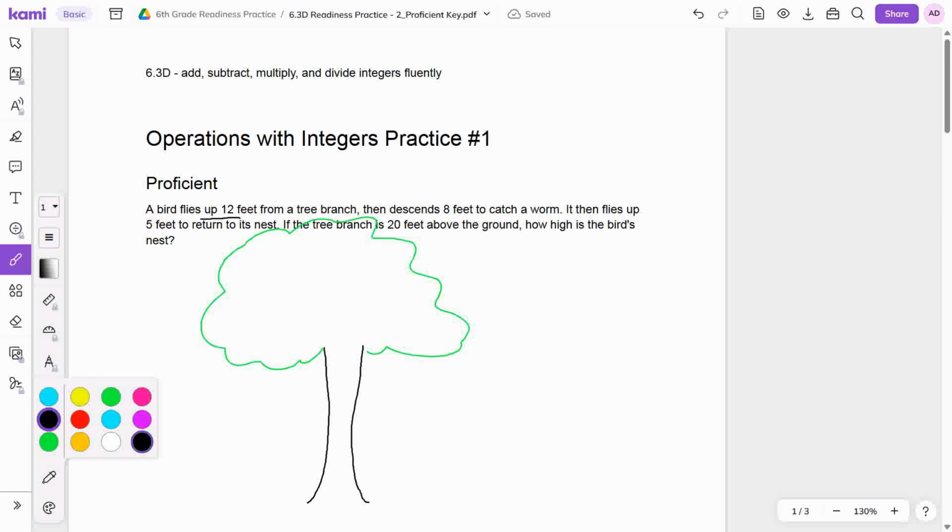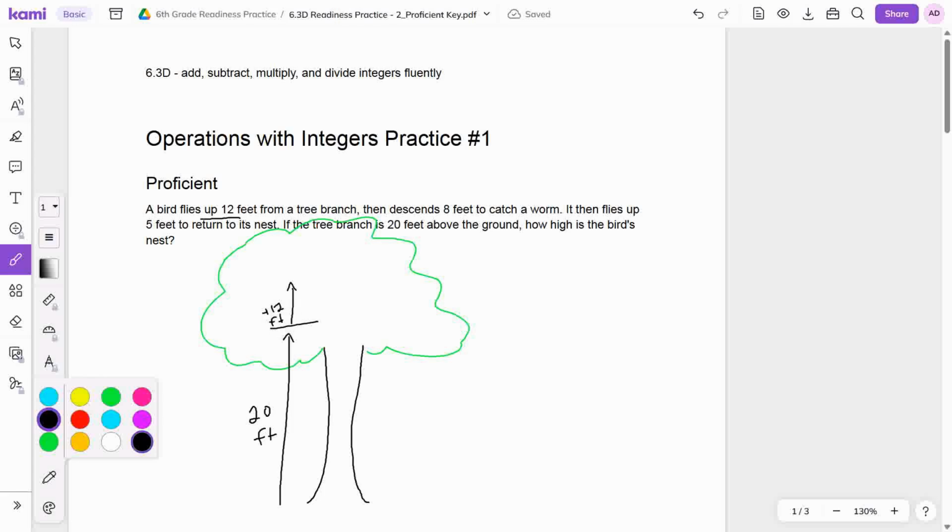Okay, so the tree branch, I'm just going to draw a branch right here. There's my branch. It's kind of sticking out of the leaves, and it is, let's say, 20 feet. All right, so it starts at this tree branch 20 feet up from the ground. It flies up 12 feet, so we're going to do a plus 12 feet.